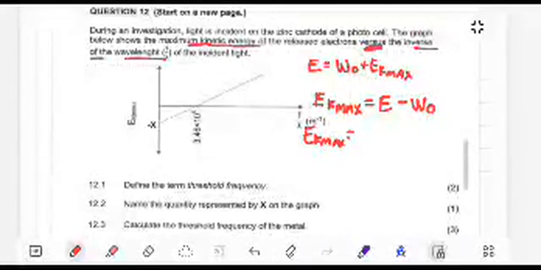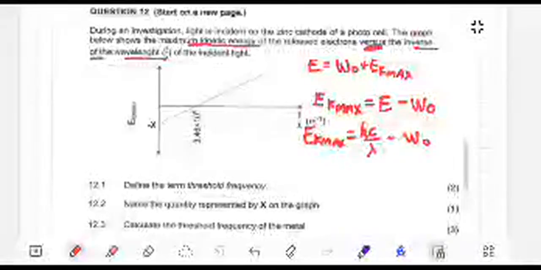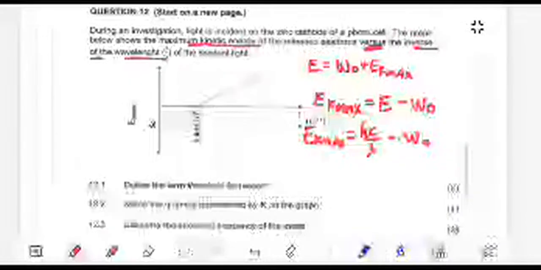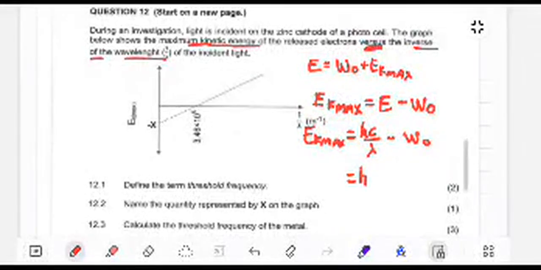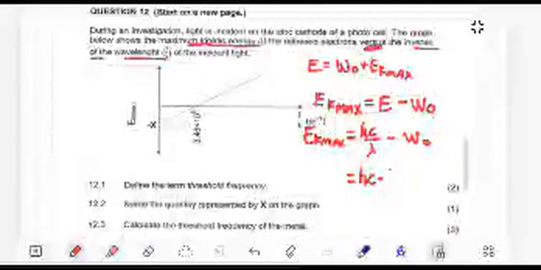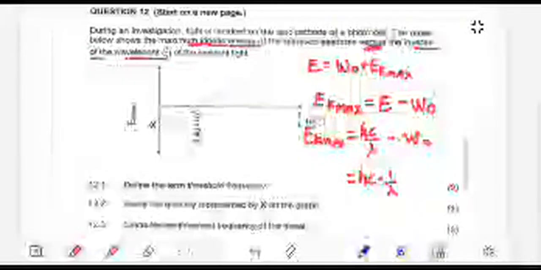I'll write it there: W naught. So multiplying 1 over lambda, minus W naught.